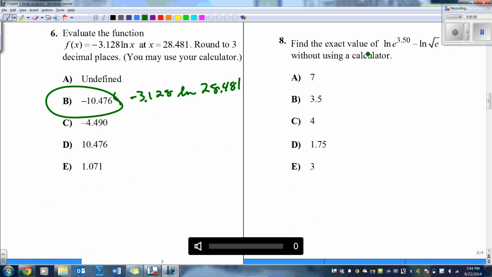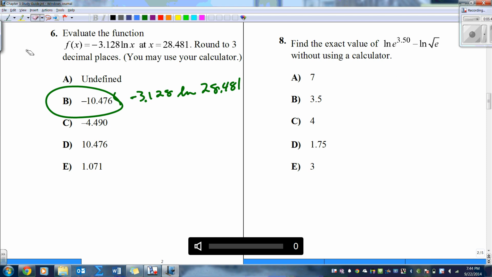All right. Find the exact value of the natural log of e to the 3.5 over the square root of e. Okay, so this negative means that we can do this. Natural log of e to the 3.5.